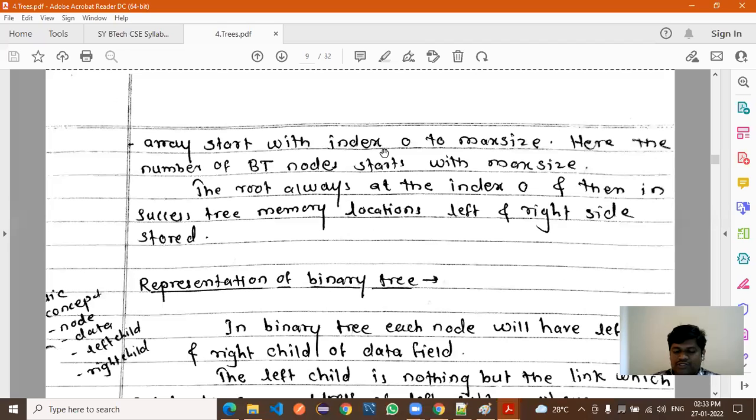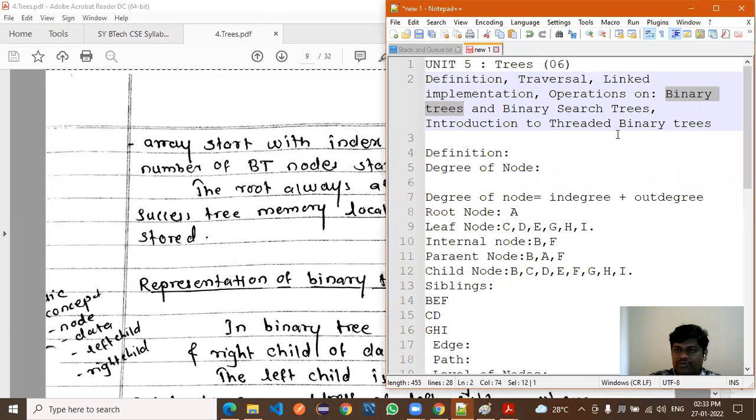That part we will discuss. And the last point of Unit 4 is the threaded binary tree, right? This part we will discuss later.